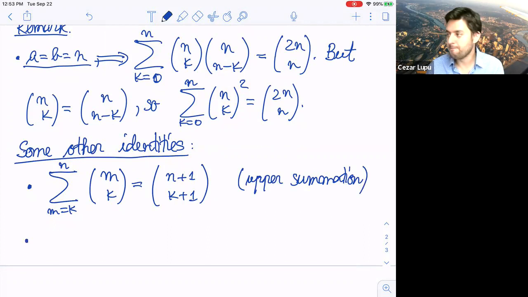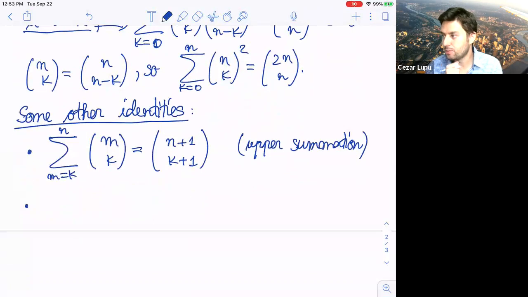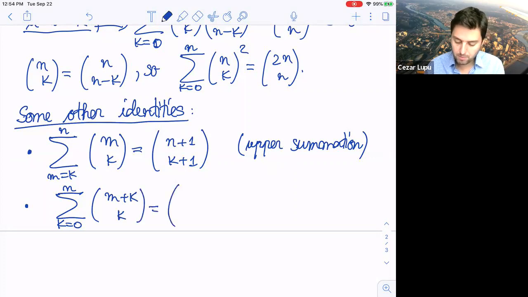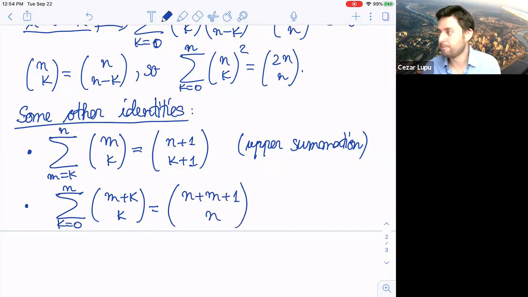And another identity, which will be, again, a little bit more general than the one that we mentioned, the sum of these binomials, like m plus k choose k. This will be a little bit more general, so we'll call this parallel summation. So it will be n plus m plus 1 choose n, right?